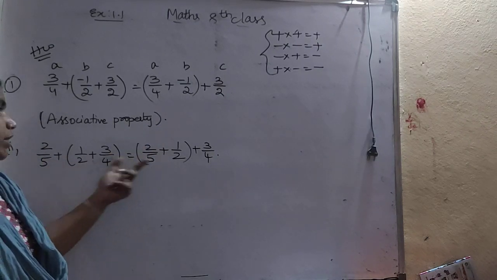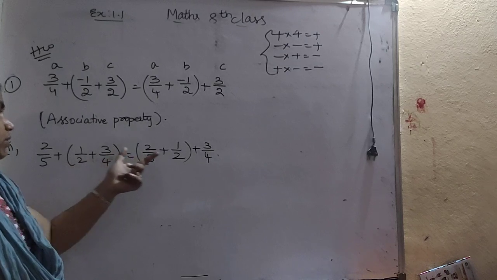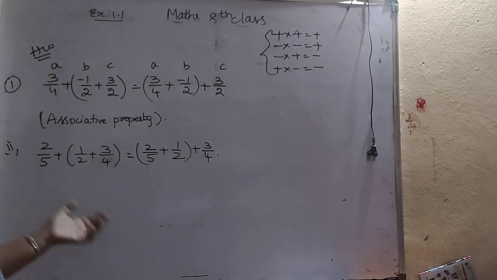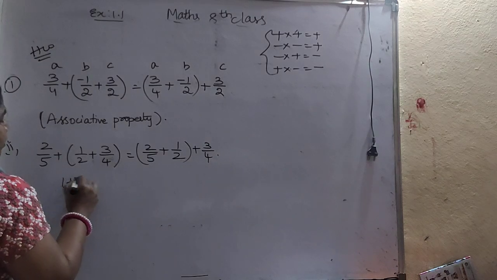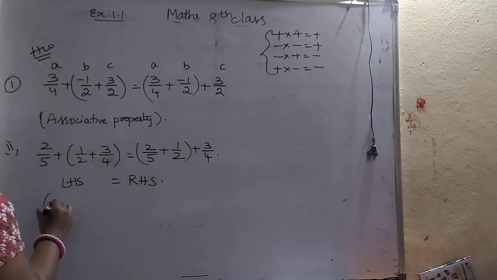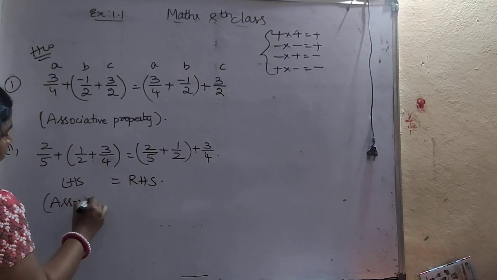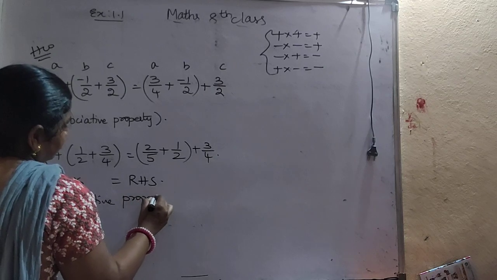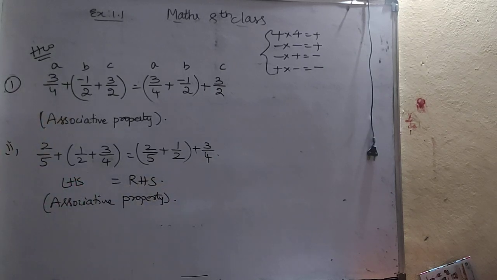First you solve the bracket terms. Add these bracket terms. After that, do the addition with the remaining numbers. So in this case also you will get the LHS value equal to the RHS. So this is also the associative property.